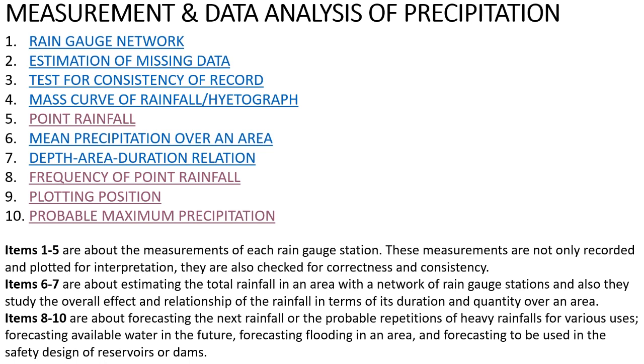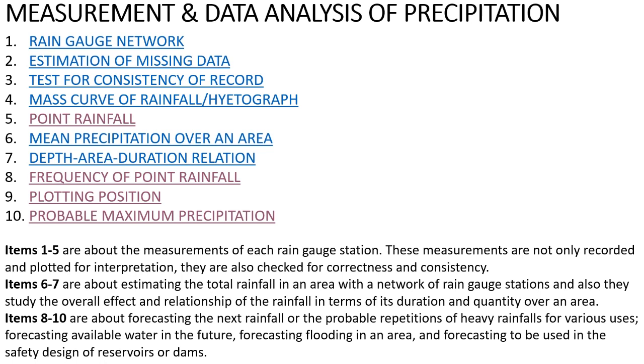So, these are all yung area related na. Items 6 to 7 are about estimating yung total rainfall in an area from a network of rain gauges.